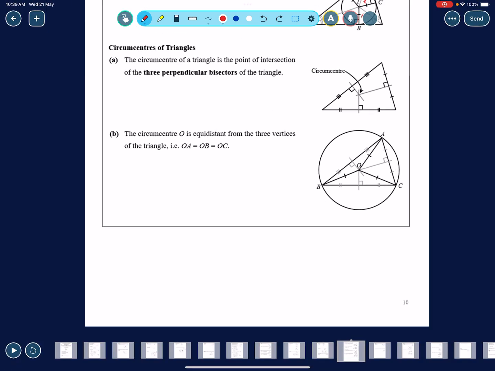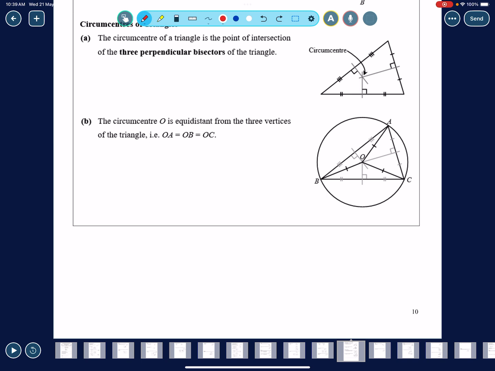Now, a circumcenter will produce a circle that is larger than the triangle, like outside the triangle. But this circle will touch all three vertices of the triangle. Okay, so it's kind of like perfect, but not. It's like a perfect circle that touches all three vertices of the triangle.